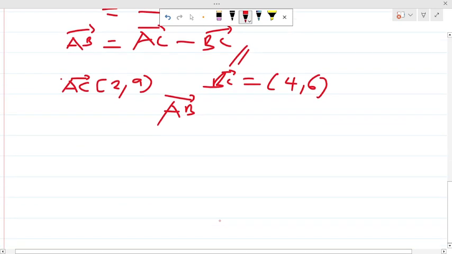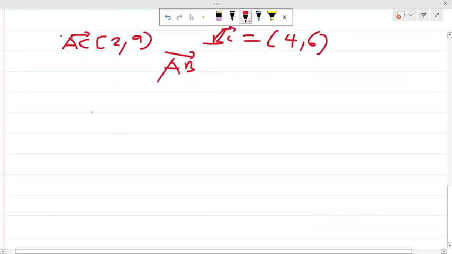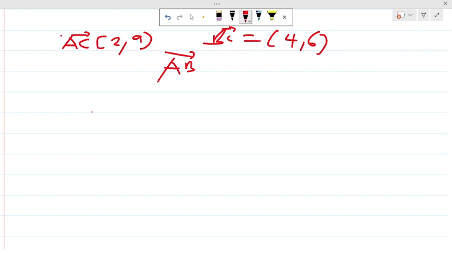Okay, now let's move on to unit vectors. A unit vector of a vector is a vector whose magnitude is equal to 1.